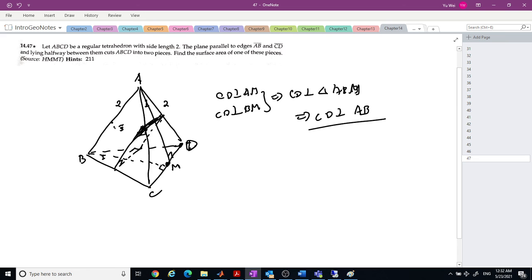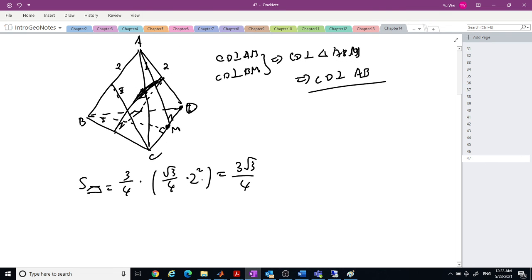Now let's solve the area of the trapezoid. The trapezoid is 3/4 of the triangle area, which is √3/4 times 2 squared. So this one is 3√3/4. That's one of them, right?